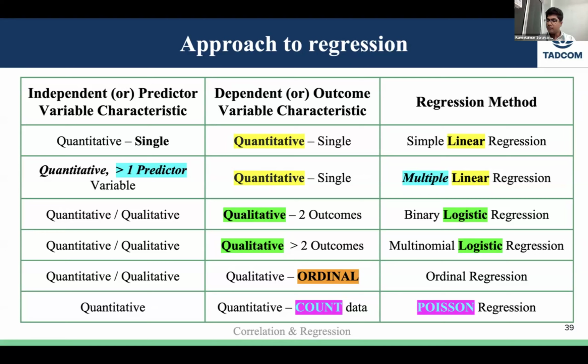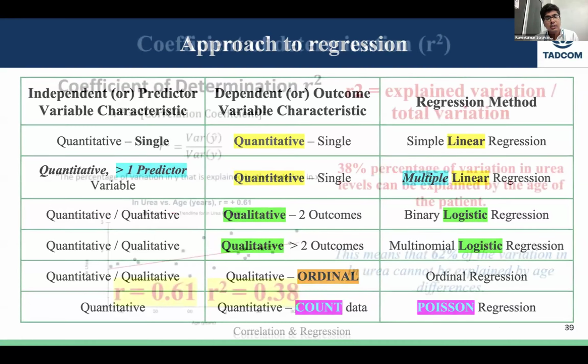If it is a count, and the distribution tends to be skewed towards either the right side or the left side, as we already discussed, not a bell-shaped curve, then it is Poisson regression that we need to undertake in the data analysis. So remember this table, it's very useful for you during the employment of these techniques in data analysis.